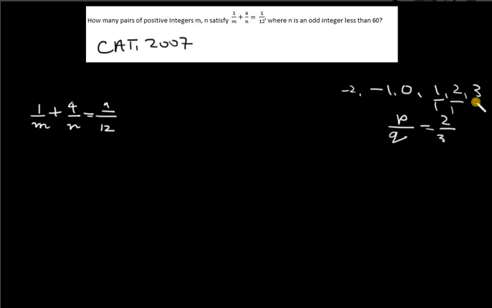So I have to find out the numbers which are not fractions for m and n. So let's find out and solve this.